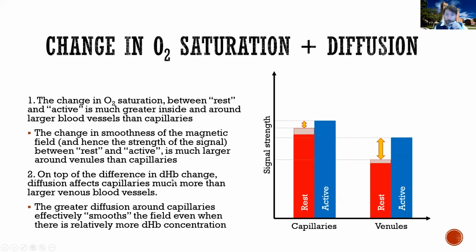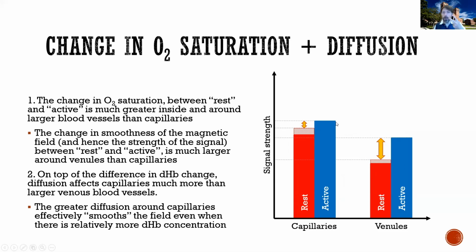So on top of the differences in deoxygenated hemoglobin concentration, which is smaller in and around capillaries compared to larger venules, diffusion affects more the signal at rest in and around capillaries as compared to venules.